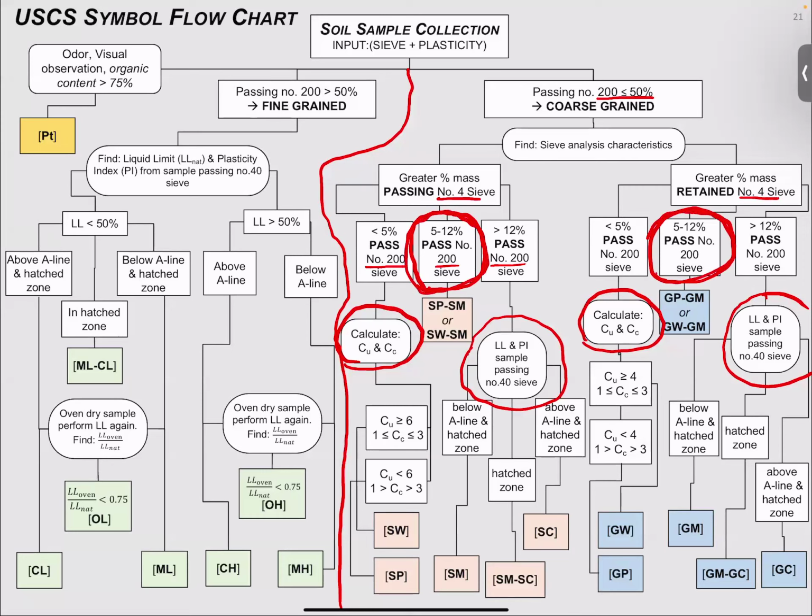A lot of times you'll get a report and it'll say SP-SM on it. If an engineer doesn't have time to actually go through and classify everything accordingly, doesn't have time to do a 200 sieve passing and the 4 sieve passing, and they have a sand, then normally what the default would be is this SP-SM.